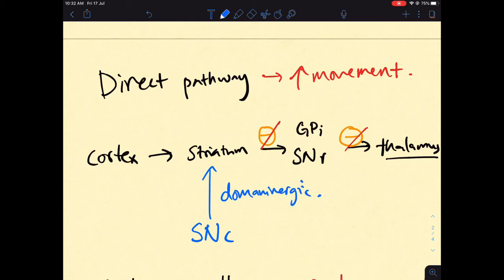The interesting thing is, in the direct pathway, they bind to these specific receptors in the striatum to sort of increase the activity. So in the direct pathway, what the substantia nigra pars compacta does is it'll sort of enhance the direct pathway and increase the movement even more.